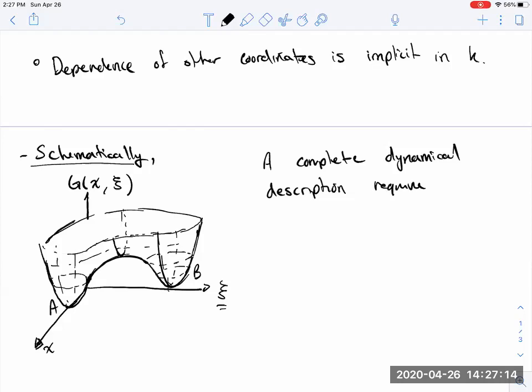And would require attention to all of the coordinates, which could be, for example, summarized by knowing a whole potential energy function.